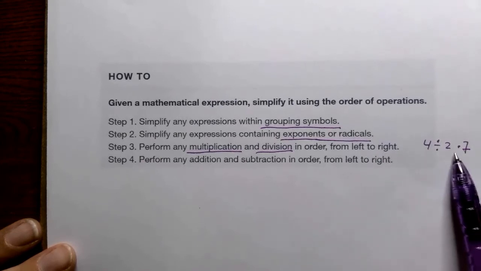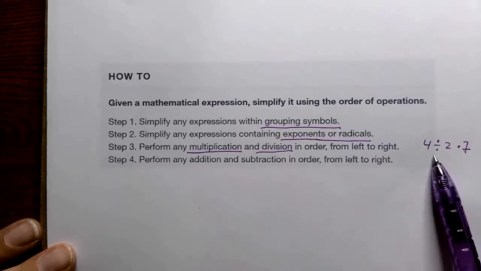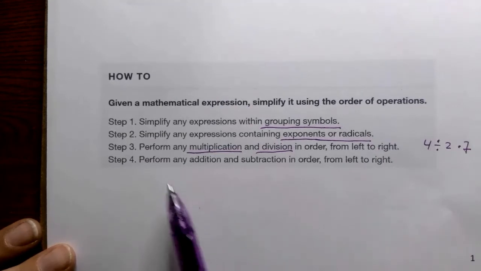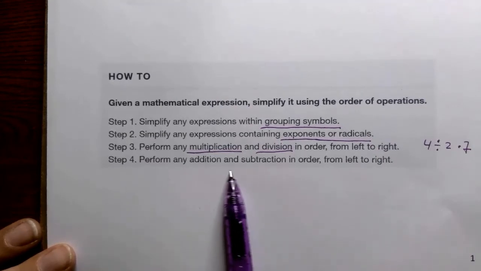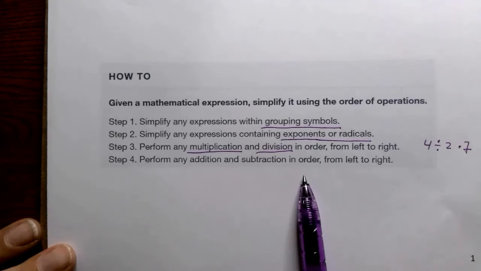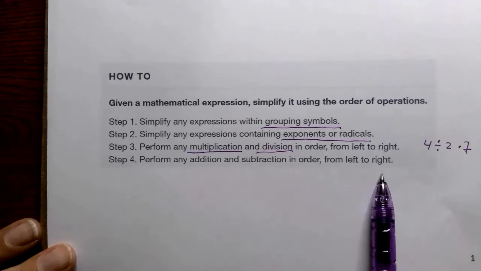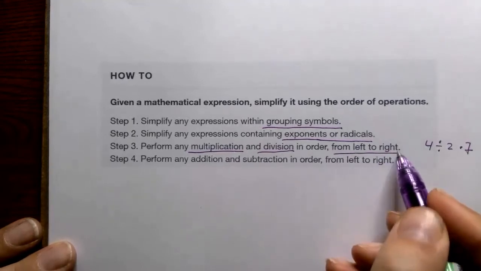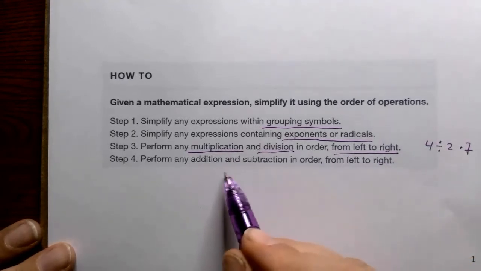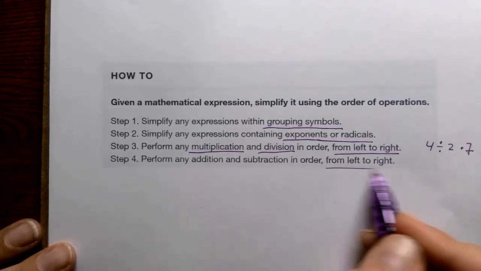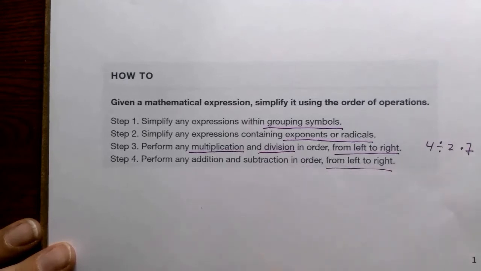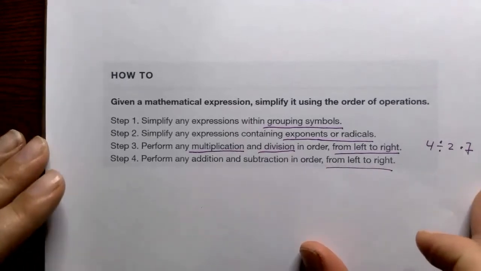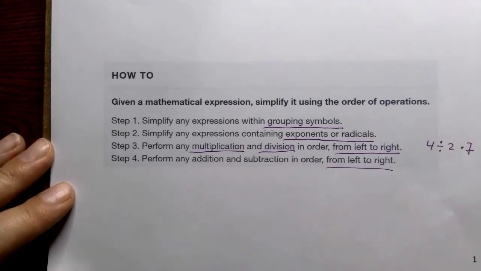So multiplication is not more important than division. Keep that in mind. And step 4, perform any addition and subtraction in order from left to right. So here, multiplication and division from left to right first, and then addition and subtraction from left to right. Same deal with addition and subtraction. They're equal in order of importance, and they're on the bottom of the list.